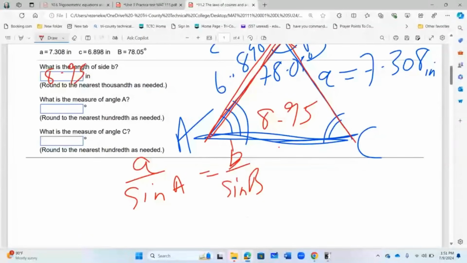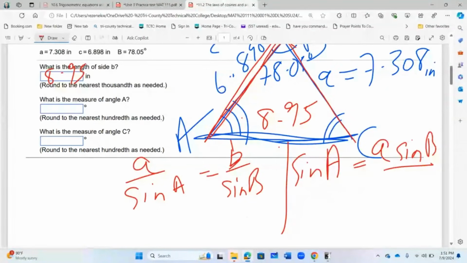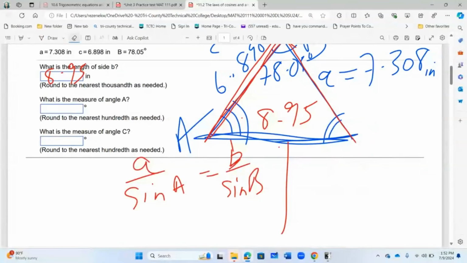I'm looking for sine A. So I can isolate sine A immediately here. I'm looking for sine A, and I know B already.